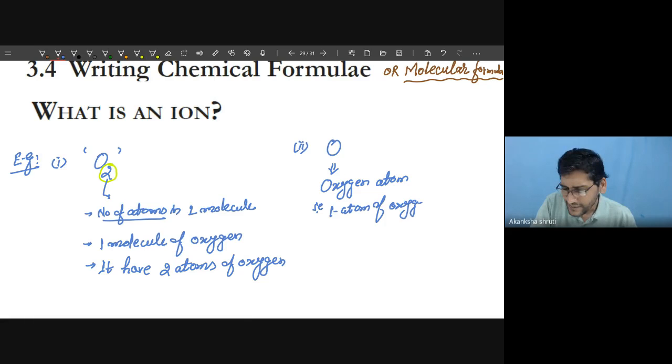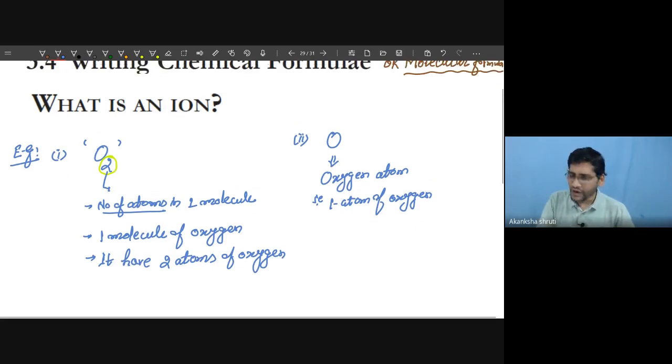Students, this O can never be called a molecule, because a molecule exists in a free or independent state. But O cannot exist in nature as a single atom. O always exists by combining 2 oxygen atoms together as the molecule O2.